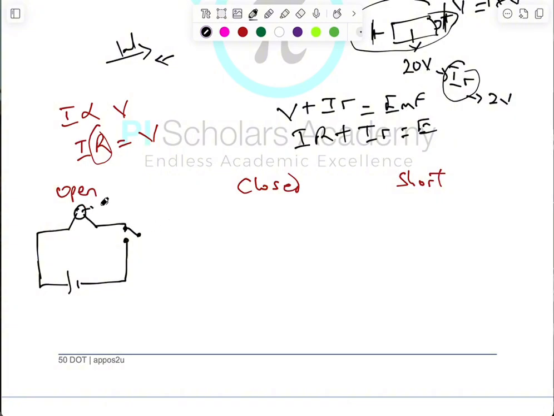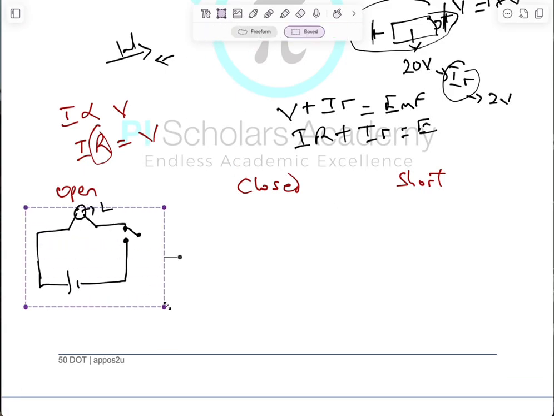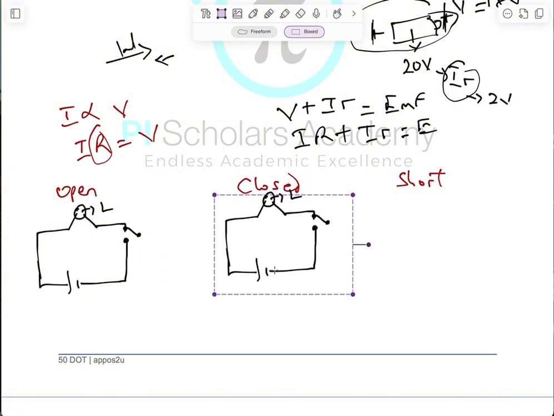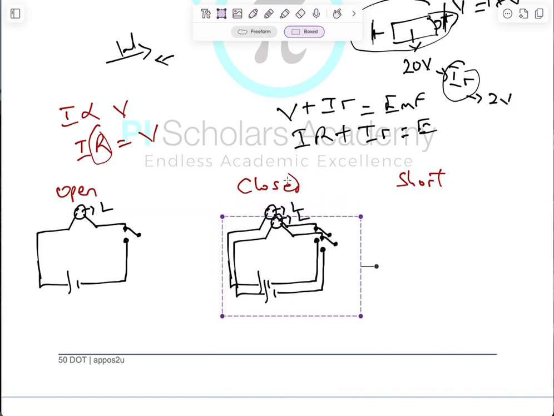So yes, this is load L. I'm just going to copy the same one and paste it in the other place as well.